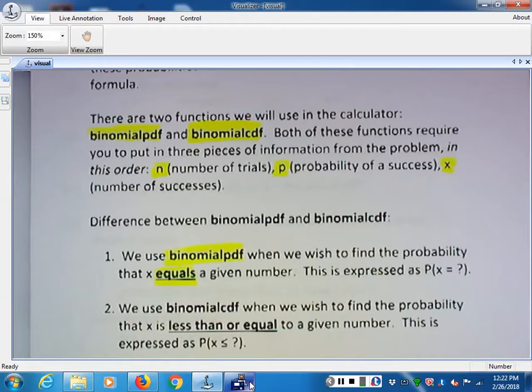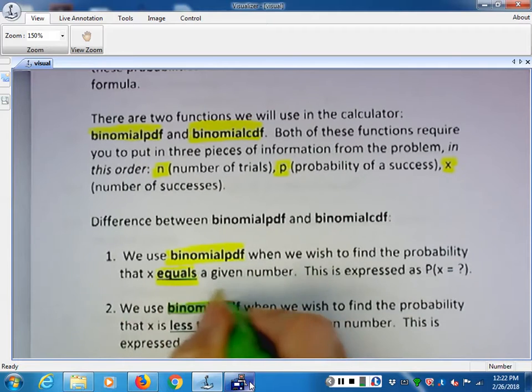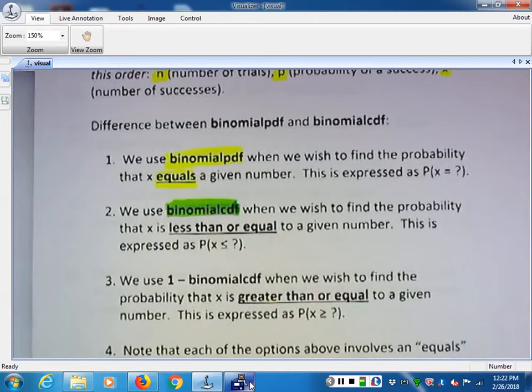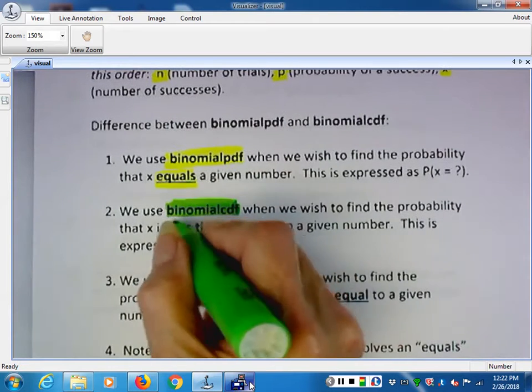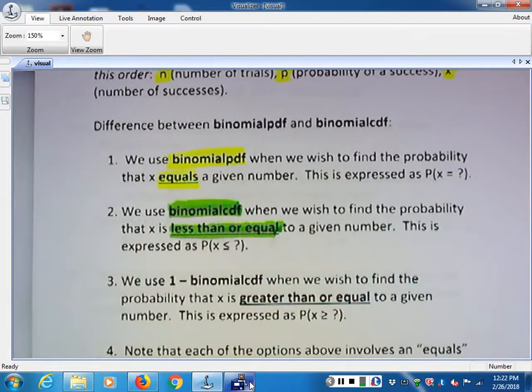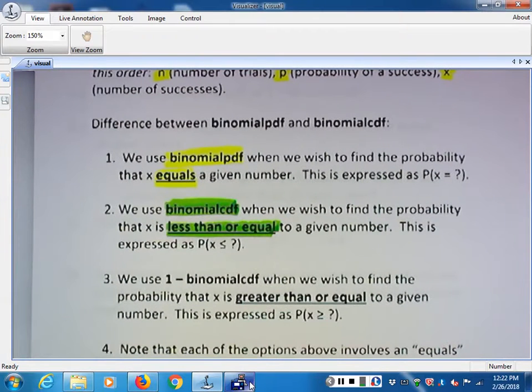Probability of one particular outcome. Binomial CDF is different because you're going to be finding the probability that X is less than or equal to a given number. Okay? That's what binomial CDF does.